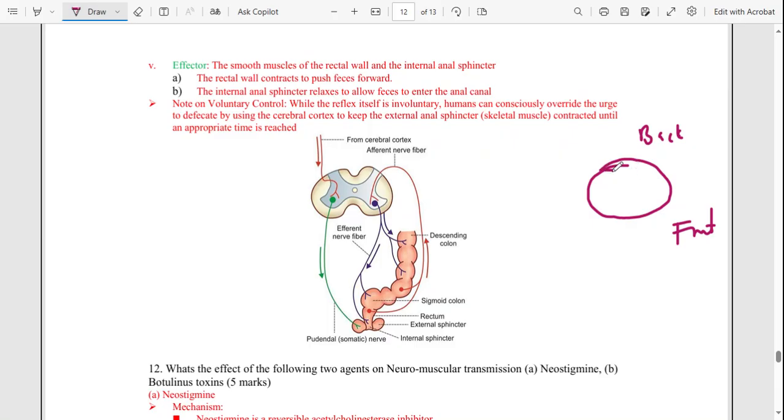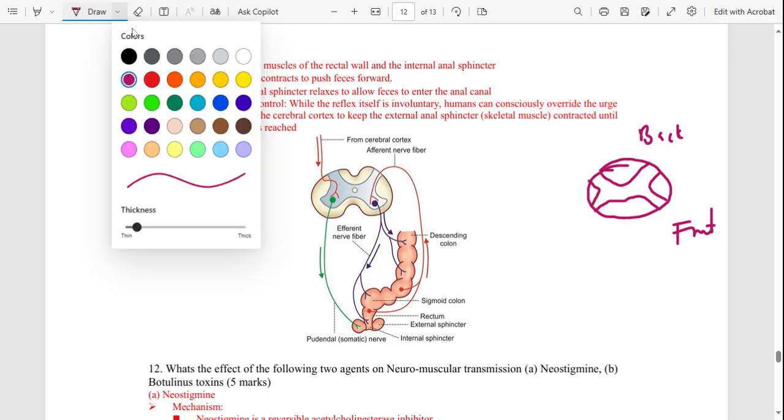It's sensory. You have got basic components of a reflex arc. There is the afferent, and then there is the efferent, and then there is the center. Those are the basic components.